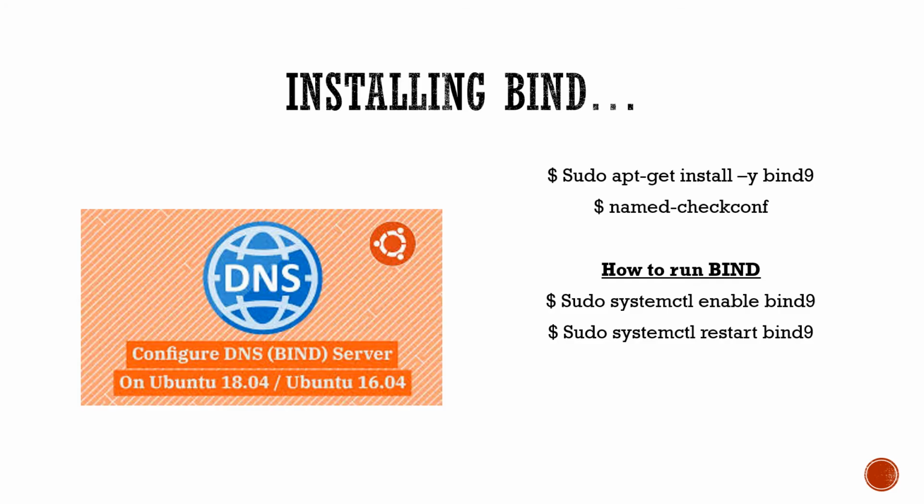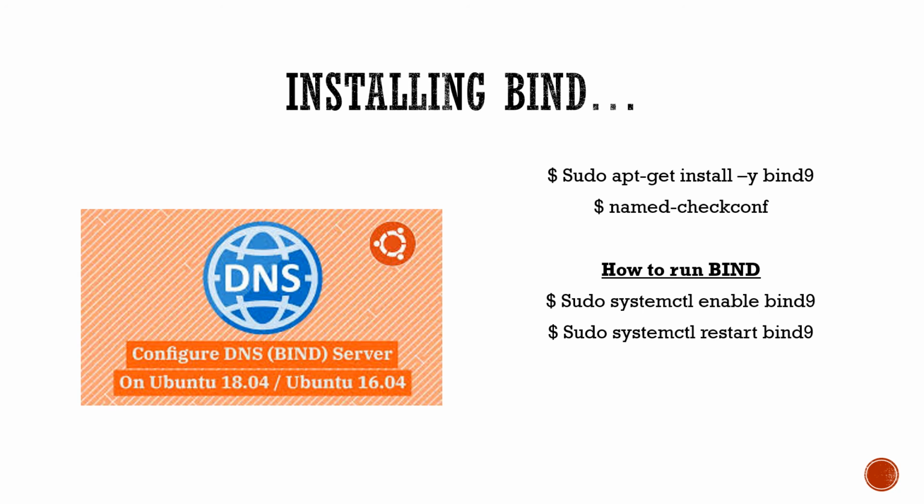This slide is installing DNS using Bind. You will use the first command, sudo apt-get install -y bind9, to install the Bind server. The second command is used to check and confirm your configuration file for Bind, so you will use that after you configure the Bind file. Once you do that, you want to make sure that you check your zones as well.